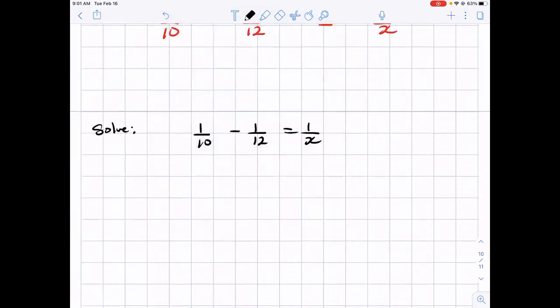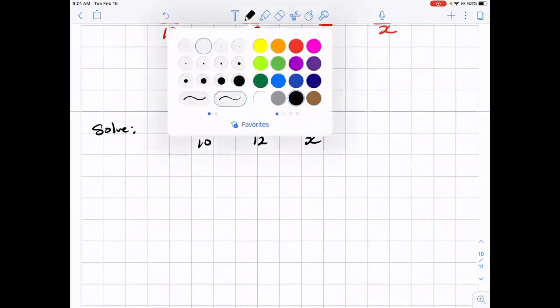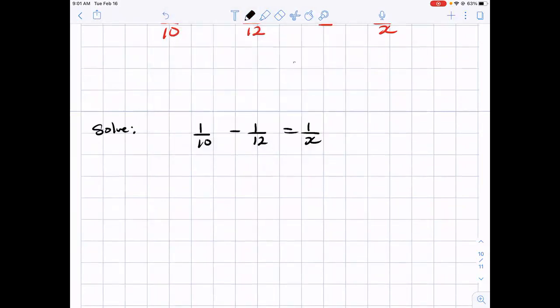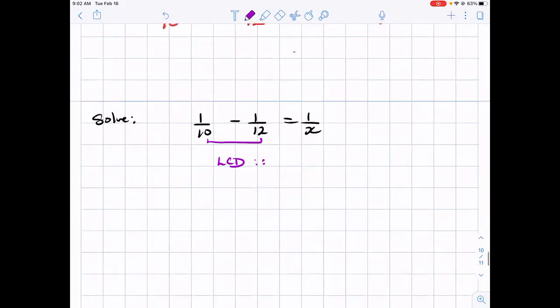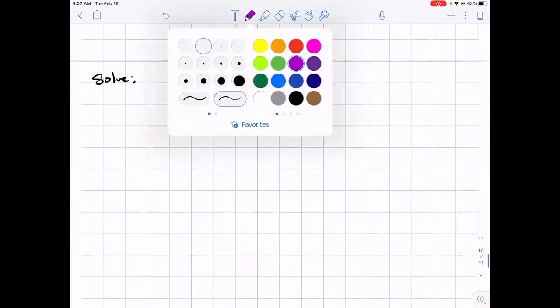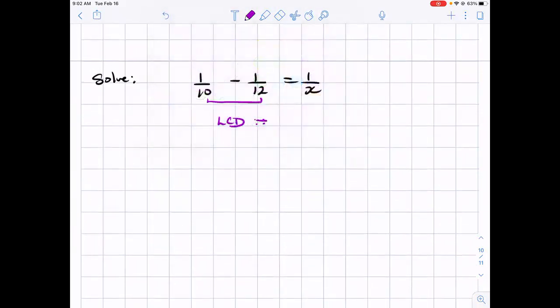So what is my lowest common denominator? The lowest common denominator between 10 and 12 is 60. We have x, so the lowest common denominator is 60x.